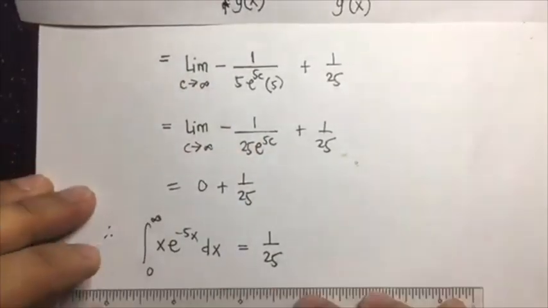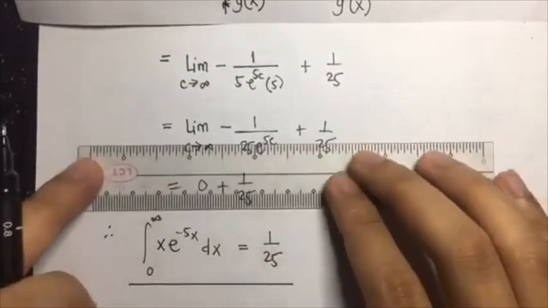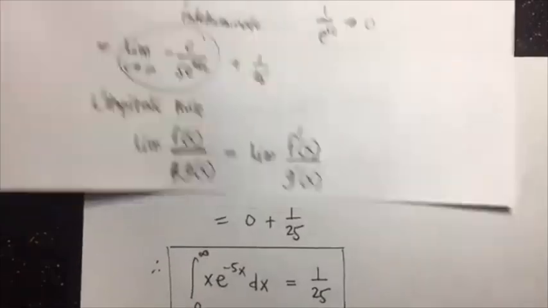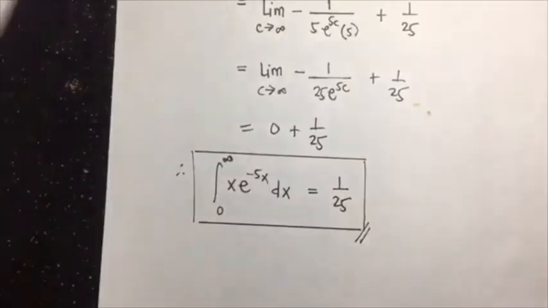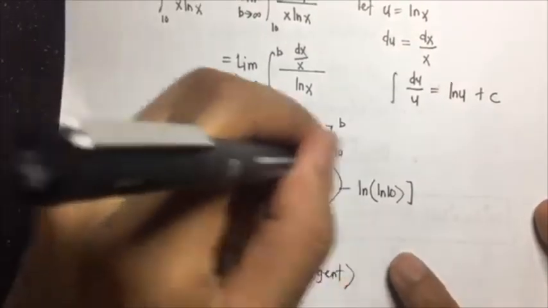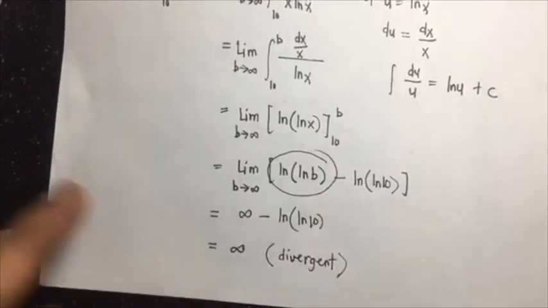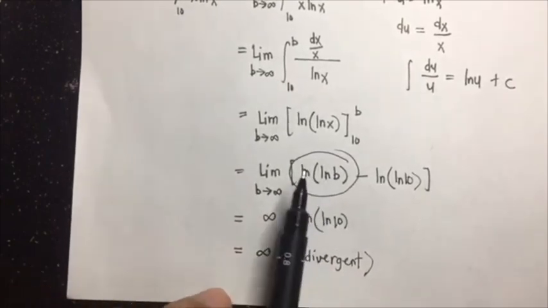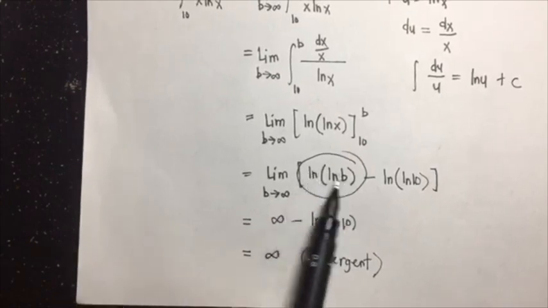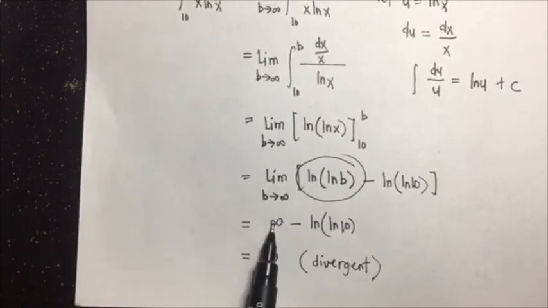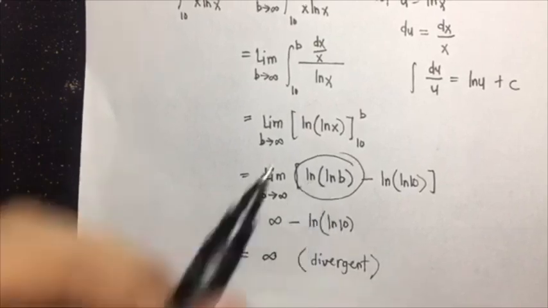Comparing with our previous example, example number 2, there was no way for us to express that into a term other than infinity, because this is not indeterminate.